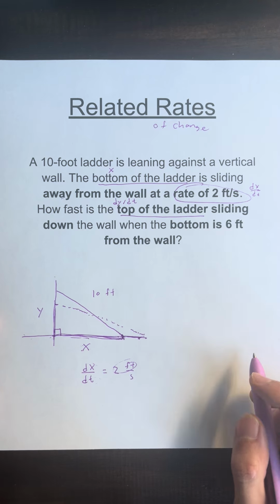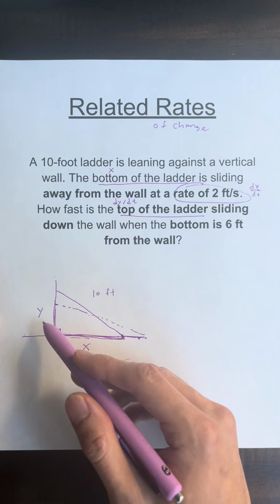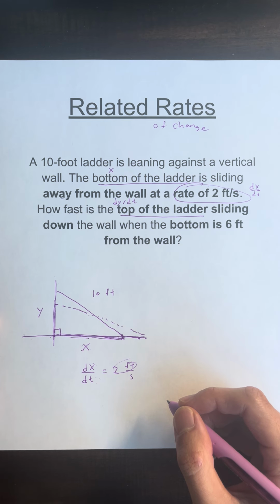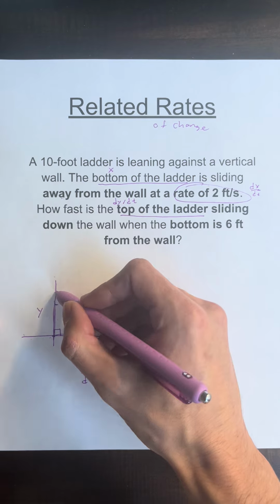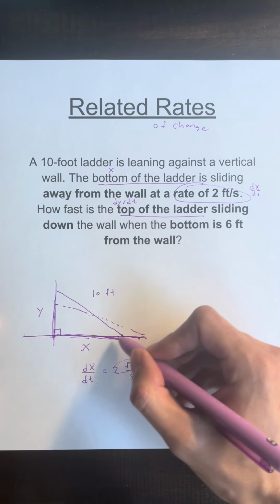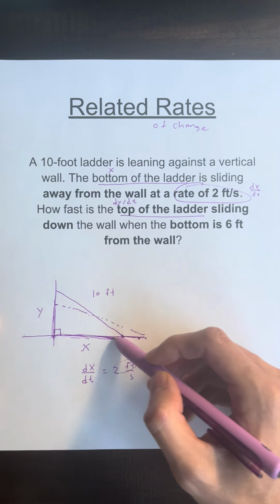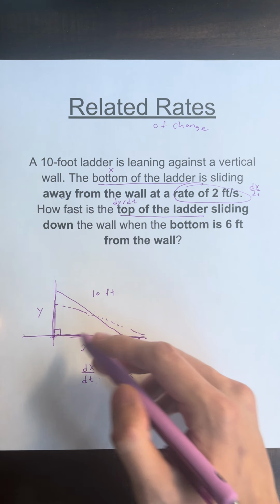So how can we relate x and y with an equation? Your hint is that this is a right triangle. So what equation has x and y in it and is about this triangle here?